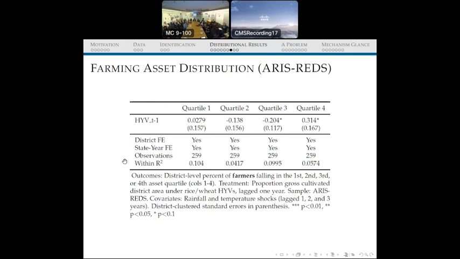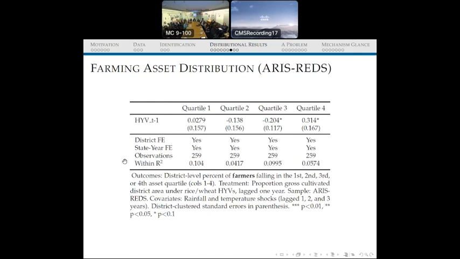First, if I look at the total value of farming assets, not that it really matters since I'm putting in time fixed effects, but taking it all back to 1971 values, it looks like there's a reduction in the number of farmers who are in the middle quartiles of the farming assets. This is irrigation as well as non-irrigation assets. And there are more farmers at the top and no change in the bottom, right?